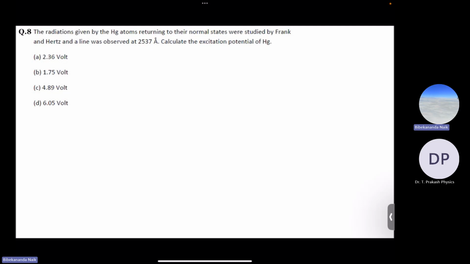The options are option A 2.36 volt, option B 1.75 volt, option C 4.89 volt, and option D 6.05 volt. So please calculate and tell me, if a line was observed at 2537 Armstrong, then what will be the excitation potential of mercury?